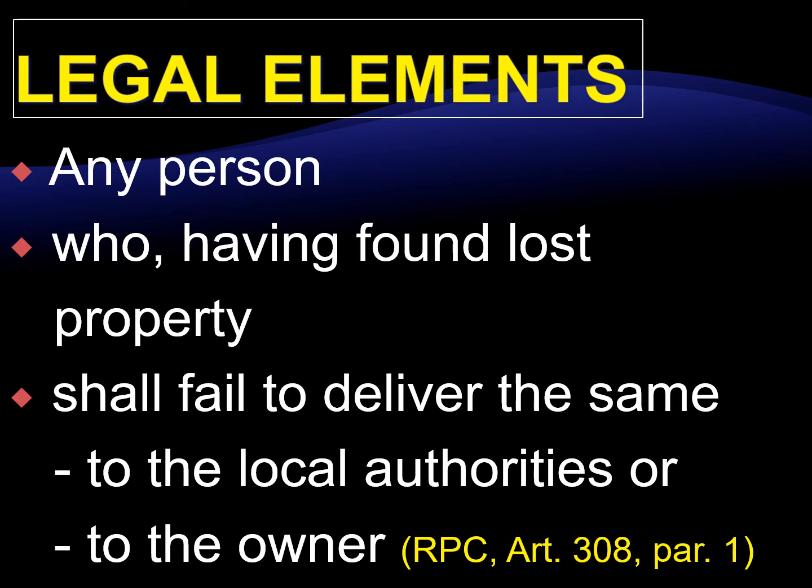So therefore, having recalled the legal elements of theft, what you do would be to look for the factual equivalence in the problem. If there's a one-to-one correspondence, meaning to say all the legal elements would have factual equivalence, then there is theft, and the crime committed is theft. So let's look now for the factual equivalence.